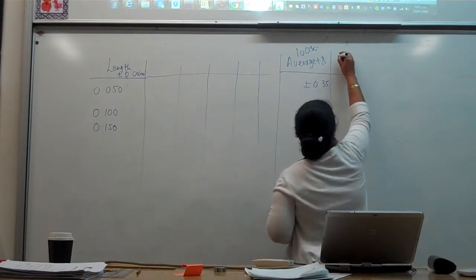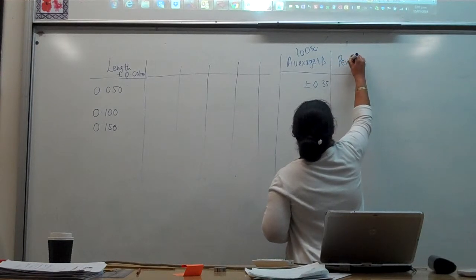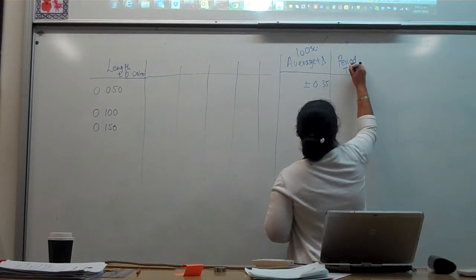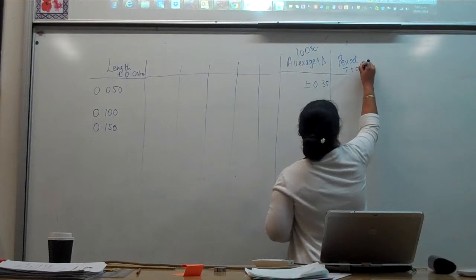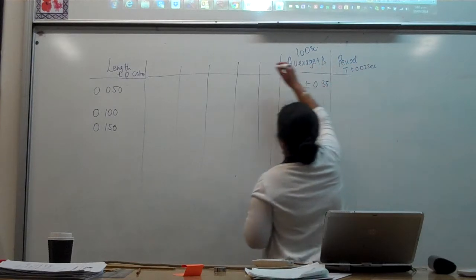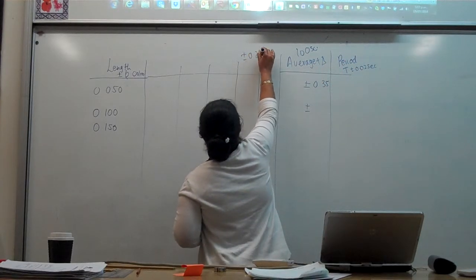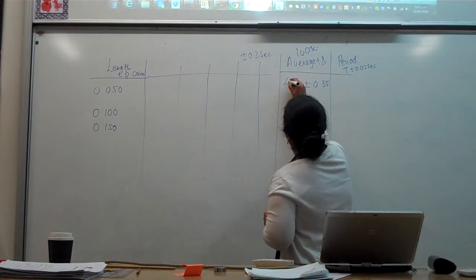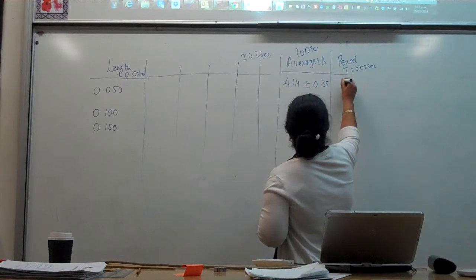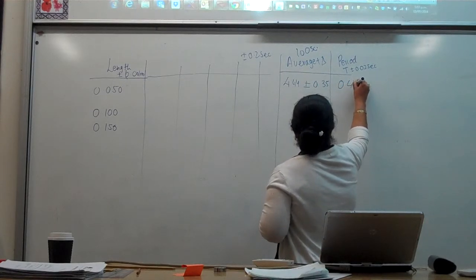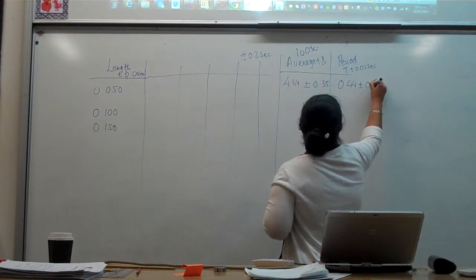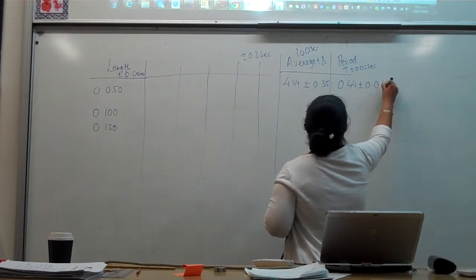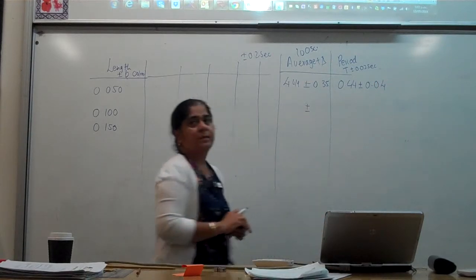When you change it to period, 1 oscillation, plus and minus 0.02 seconds, and here you had plus and minus 0.2 seconds. This time, suppose your period was 4.4, you make it 0.44 plus and minus 0.04, and then you round it, please.